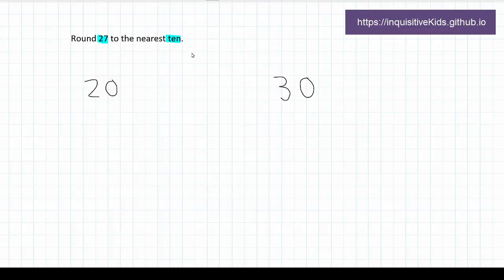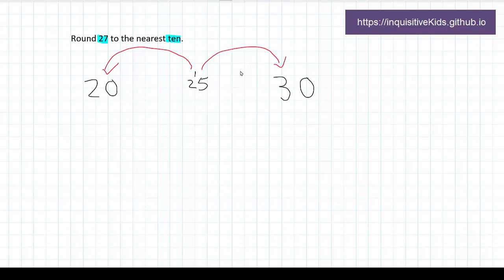And then we want to ask ourselves, what is the direct middle of 20 and 30? The middle of 20 and 30 is 25. Anything larger than 25 rounds up to 30, and anything less than 25 rounds down to 20.